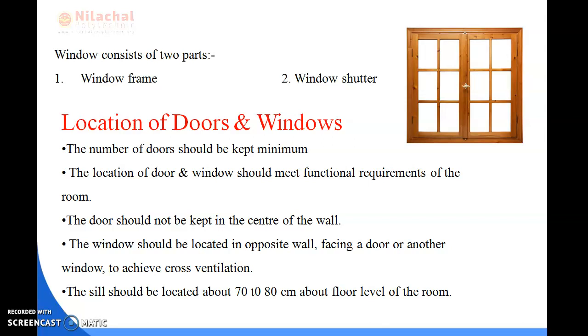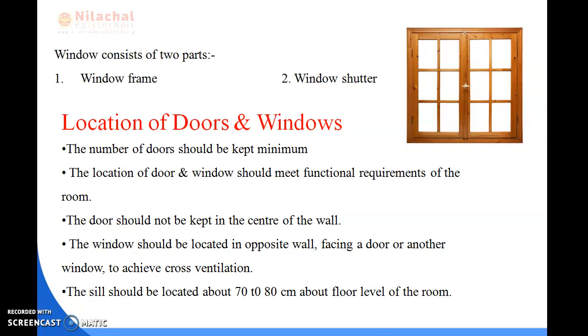So we can say that while constructing the doors and windows, the number of doors should be kept minimum for our house, and the location of the door and window should meet the functional requirements of the room.